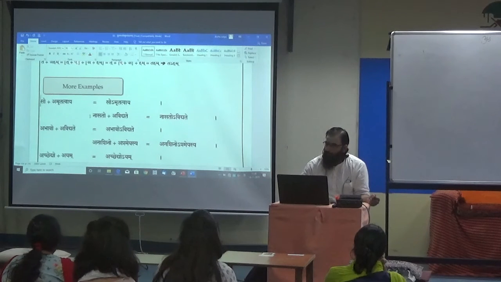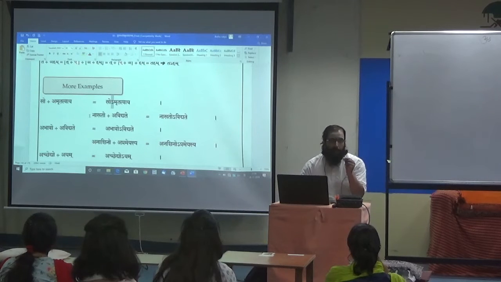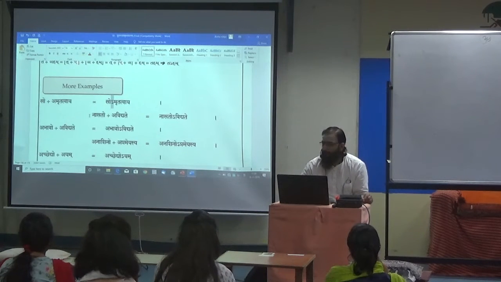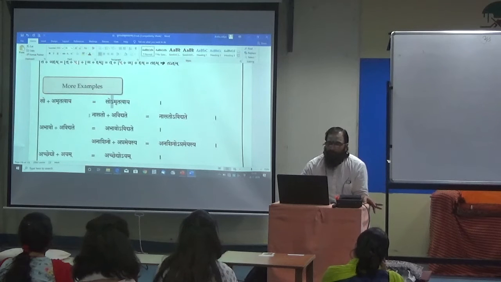Both the Purva and the Uttara will be replaced by the preceding form. Therefore it becomes So Mritatvaya. The A is elided, that is shown by the Avagraha. Clear? If it is followed by a long A, it will not happen. The condition is only short, right? So Mritatvaya.